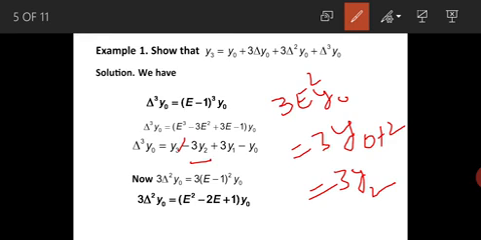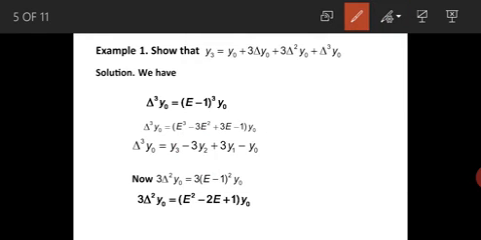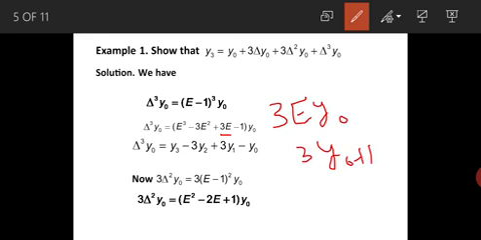Similarly if we come across this term, after multiplying, it will become like this, right? 3 into e into y naught, so it will become 3 times of y of 0 plus 1, so 3 times of y1 it becomes, that is here, right?